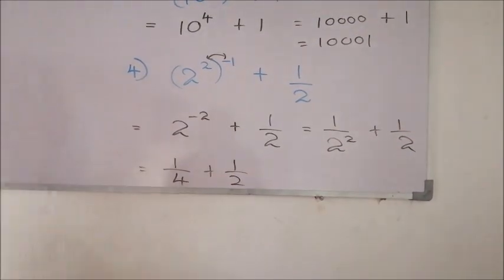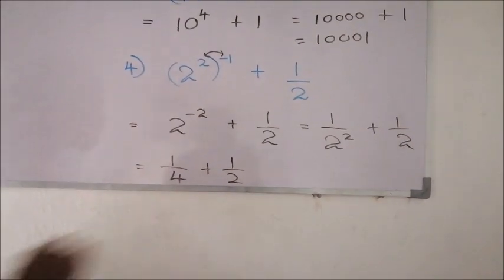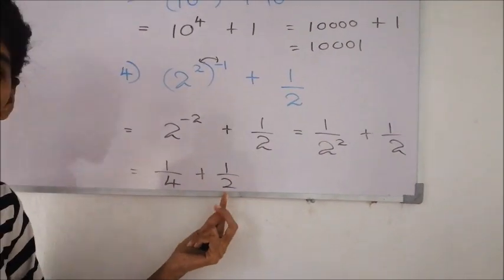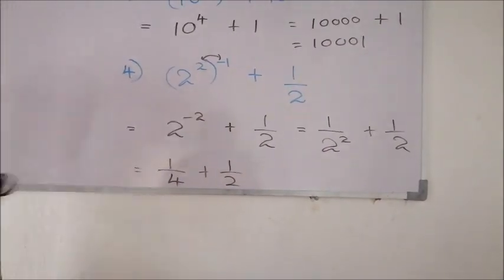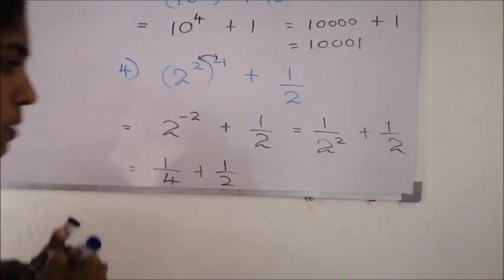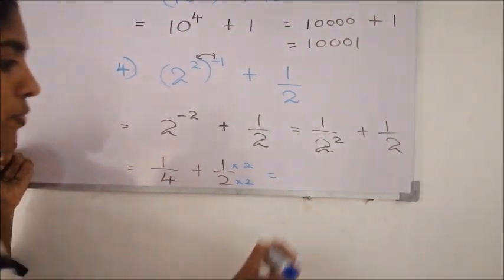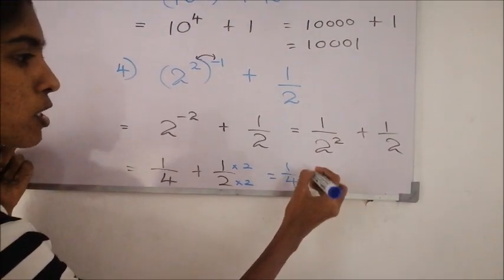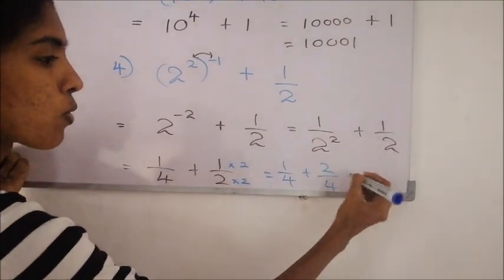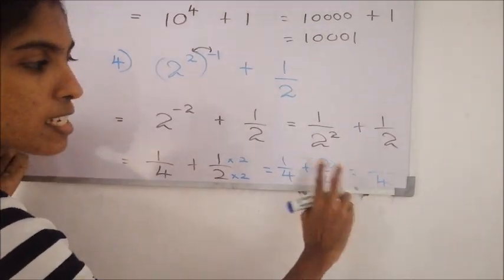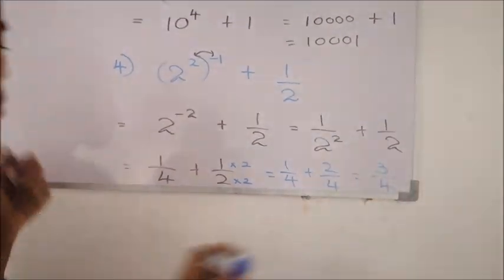Now these two are just two fractions with two different denominators. To add these two fractions, we need to make the denominators same. For that, we will multiply this 2 by 2, numerator also. Now what? 1/4 plus 2 over 4. Now the denominators are same. Write the denominator as it is. Add the numerators. 3 over 4.